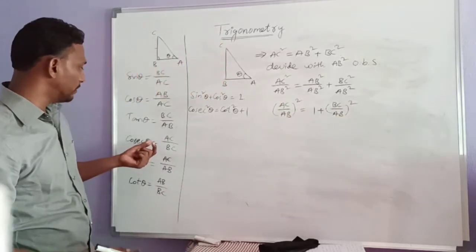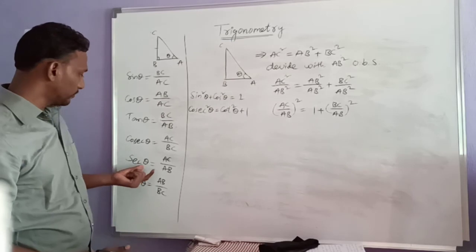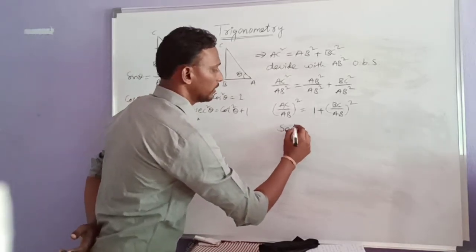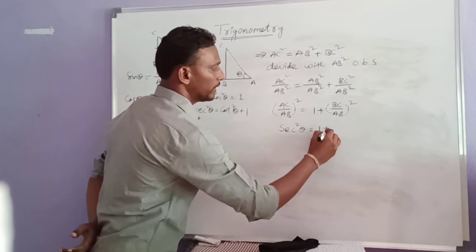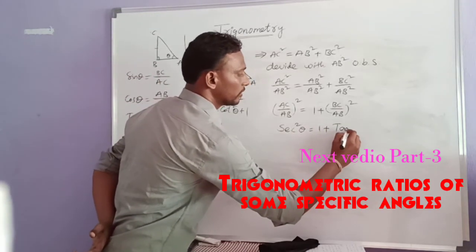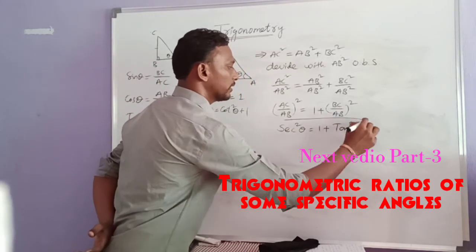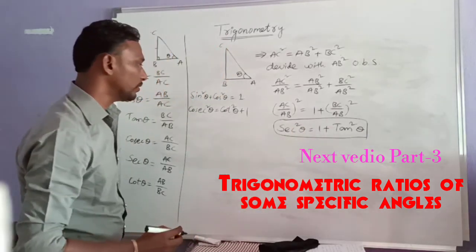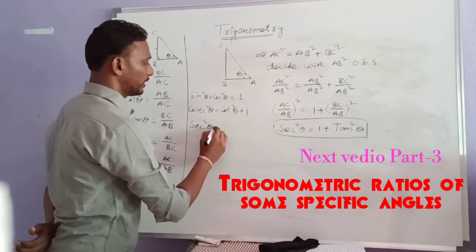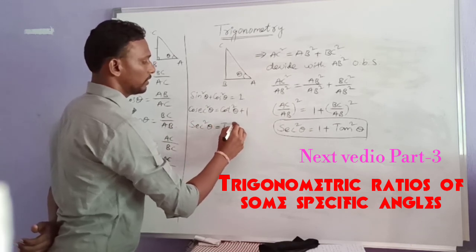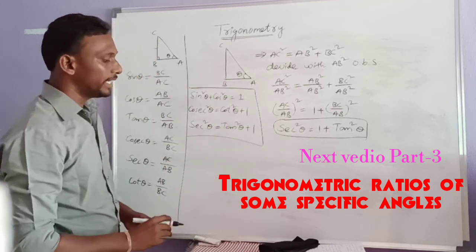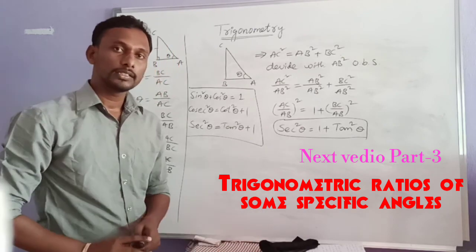AC by AB is sec theta, so sec square theta is equal to 1 plus BC by AB, which is tan theta, so tan square theta. So we have another identity: sec square theta is equal to tan square theta plus 1. So these are the three identities we have in trigonometry.